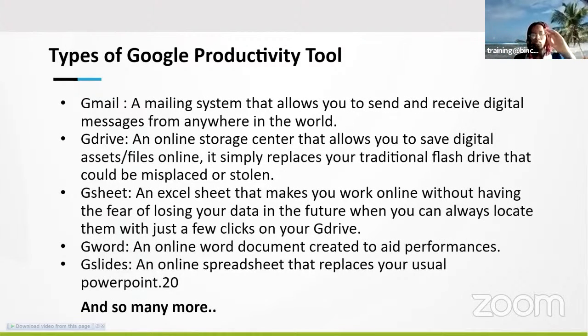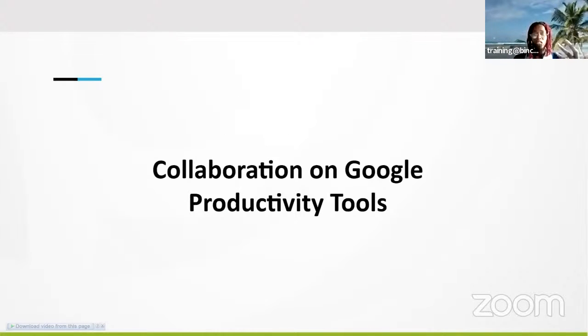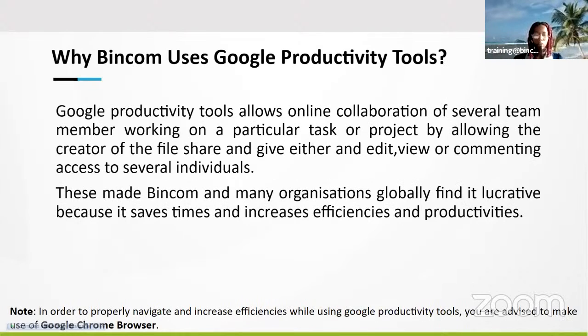So there are a lot. There's still Google Form. You have the Google Calendar. You also have other things like where you can get news from, and where you can also do blogging as well. So if you really need to know more, you can just check your Google Sheets.